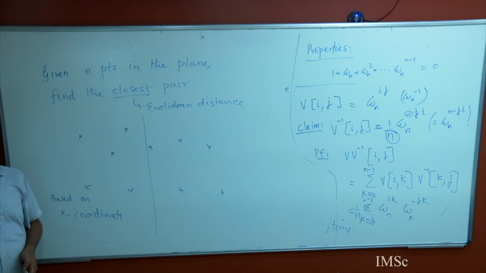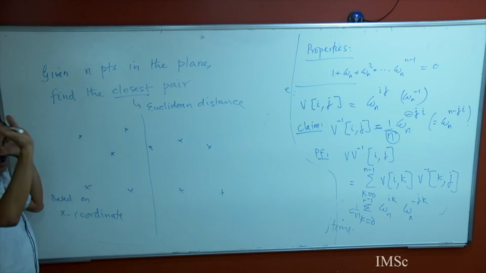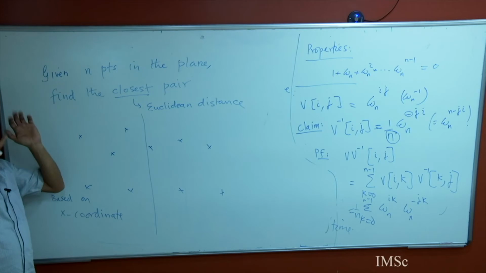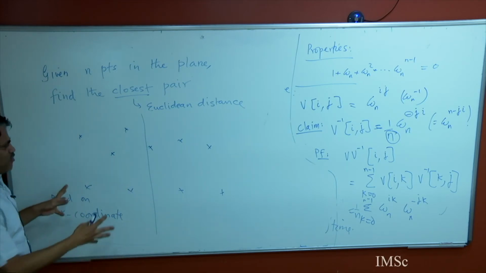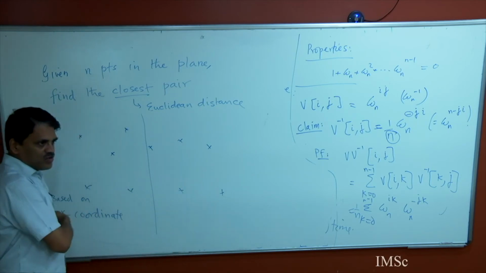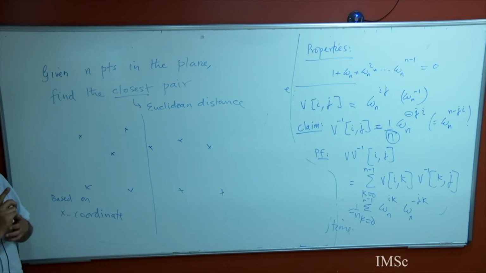We studied this last lecture. Find the median. You just find the median of the x coordinates, because maybe sorting is useful for other reasons, we'll see, but if the goal is to just split it into two halves, then you can just find the median of the x coordinates, right? Median, remember, is faster than sorting. You can do it in linear time. Okay, that's what we saw last time. You can find the median in linear time.